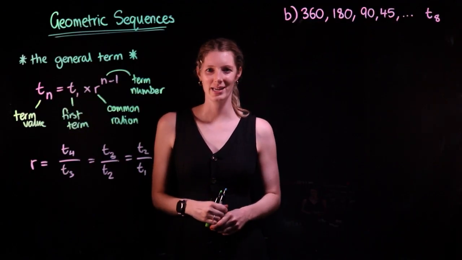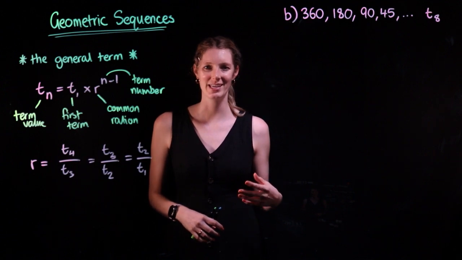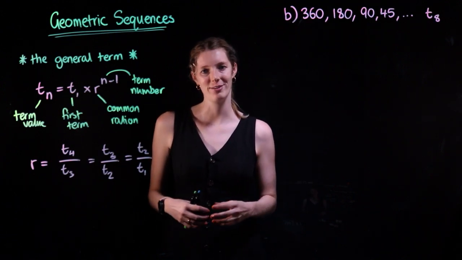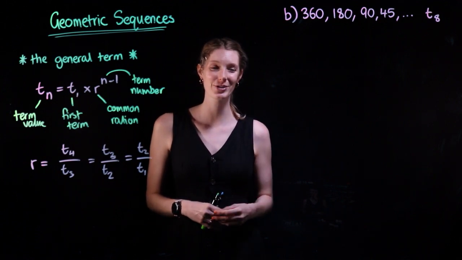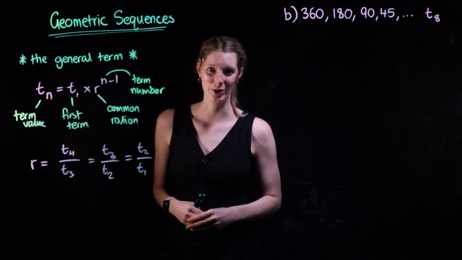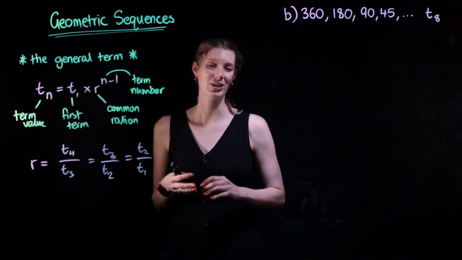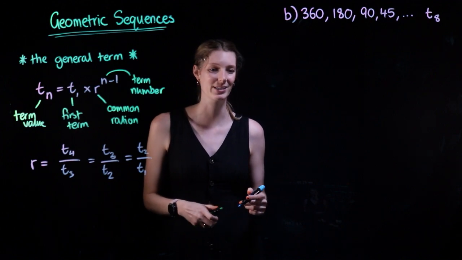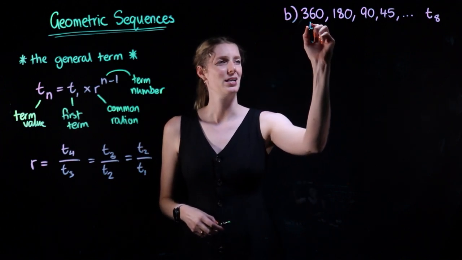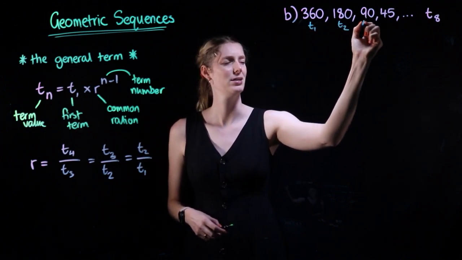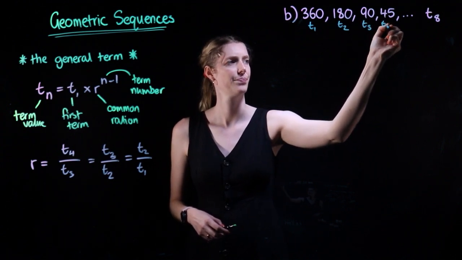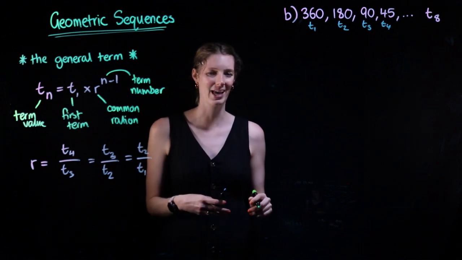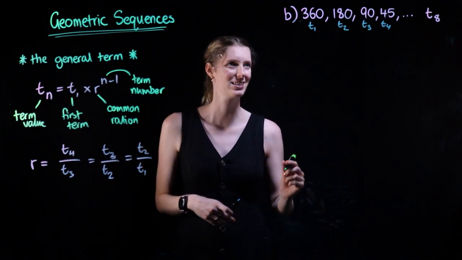Let's have a look at our second example, where we have been given the sequence of terms 360, 180, 90, and 45. And we've been asked to, if possible, calculate the value for term 8. Again, we're going to start off by checking to see if a common ratio exists within this sequence. So I'm going to start by labeling my terms to help me out. And I'm going to take any two consecutive terms and see what the ratio between them is.